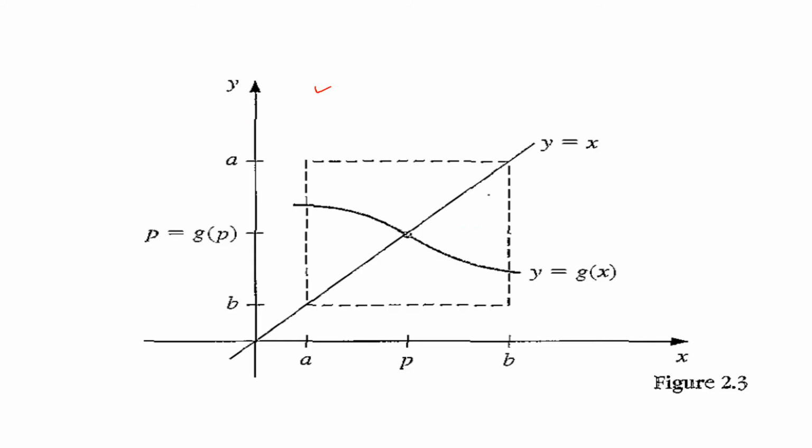You can observe this figure. This is the fixed point, which is not at A and not at B, but between A and B. And this is the unique fixed point.